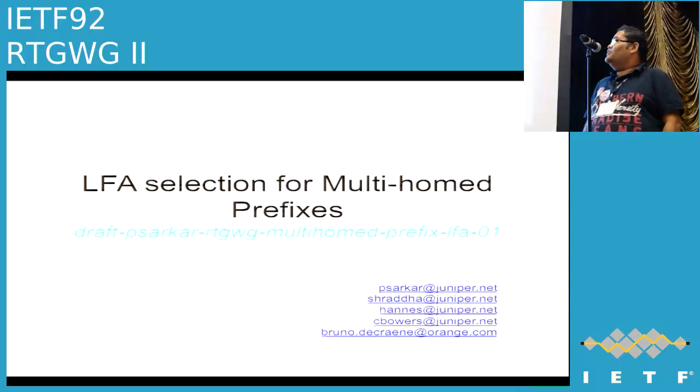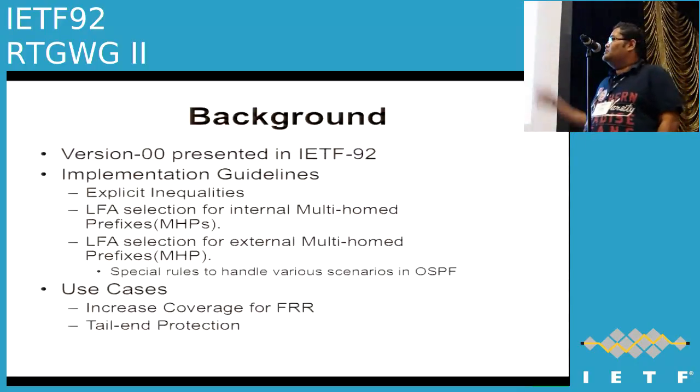So in the 00 version of the draft, we gave implementation guidelines on how to do multi-home prefixes and LFA selection for them, and we gave explicit inequalities for implementers, to facilitate them, as well as methods for LFA selection for internal MHPs as well as for external MHPs, because we also saw some special cases need to be handled for the OSPF scenarios.